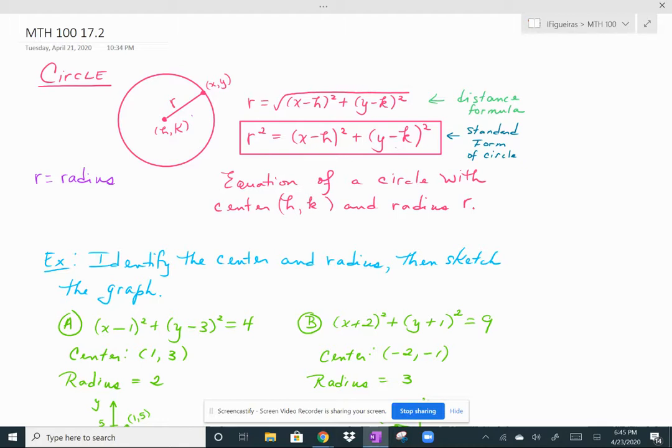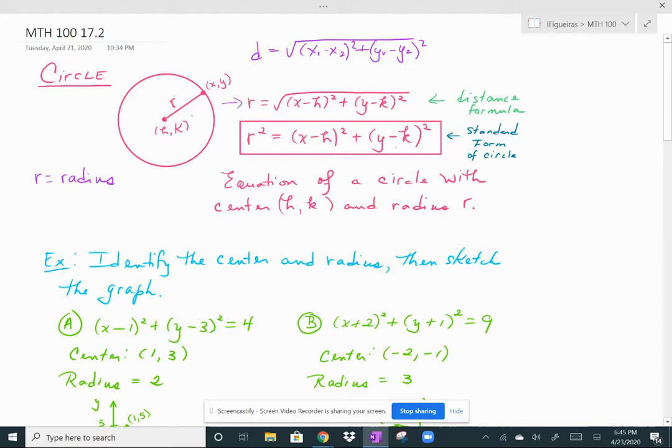Each of those differences are squared. You add the differences, and then you take the square root. So as a reminder, our distance formula, when we first learned it, looked like this: the square root of (x sub 1 minus x sub 2) squared plus (y sub 1 minus y sub 2) squared.